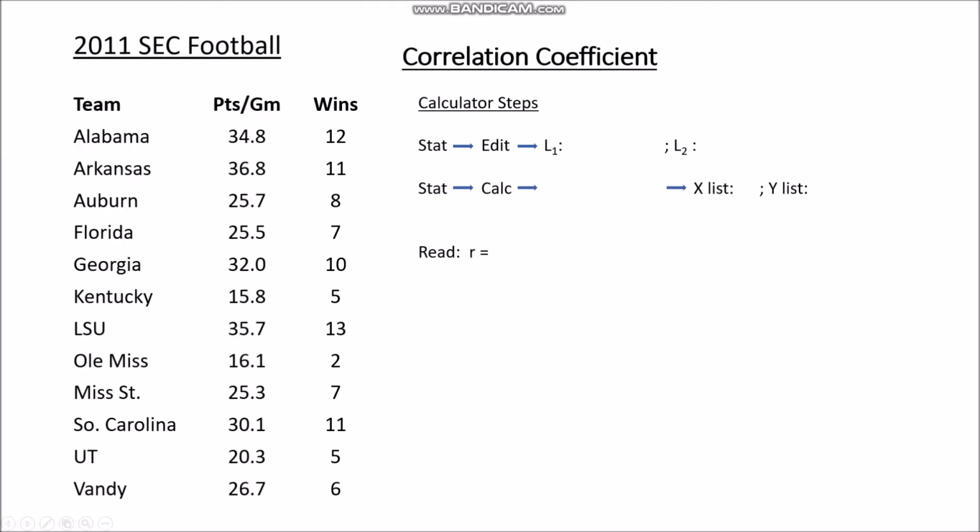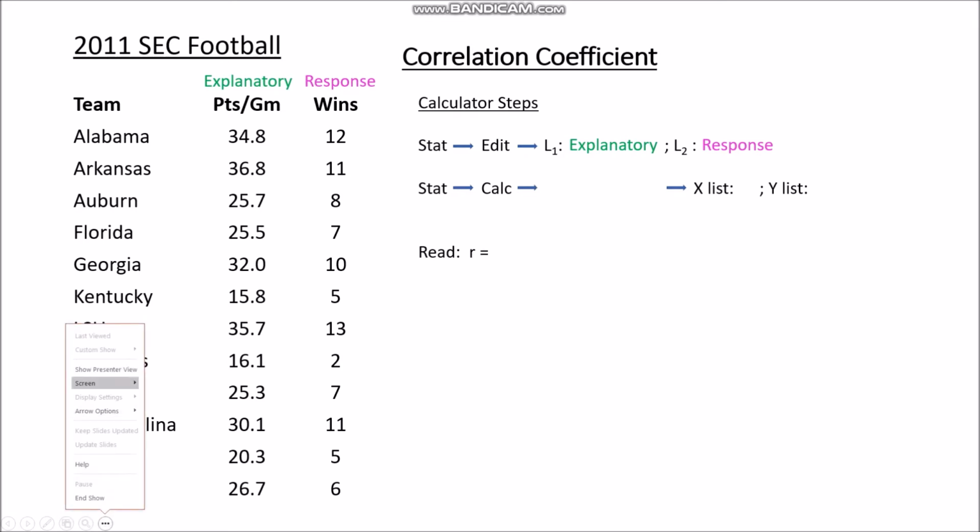We're going to enter it in the same place we entered our data for any type of numerical analysis on the calculator. We go to stat edit, but now we've got to key in two sets of data. L1 is the explanatory variable, L2 will be the response variable. For us, points per game was our explanatory variable and the wins were the response. So we key our points per game into L1 and our response into L2.